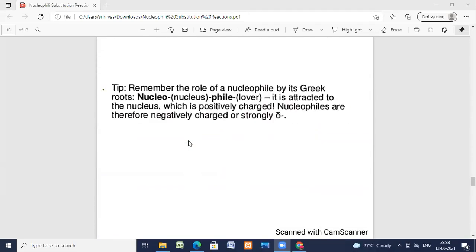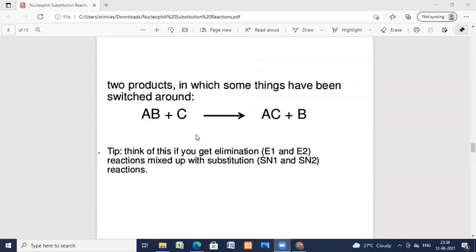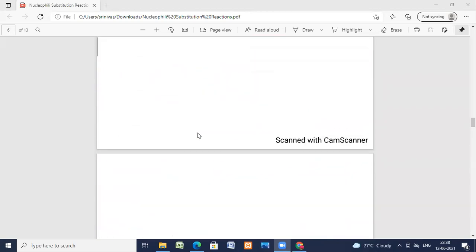I'm going to explain the differences between the SN1 and SN2 reactions.